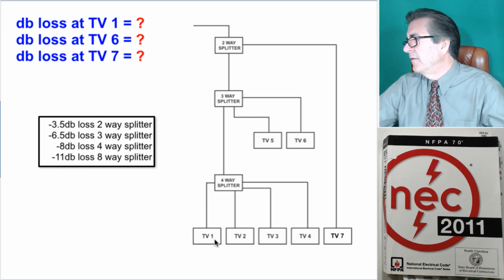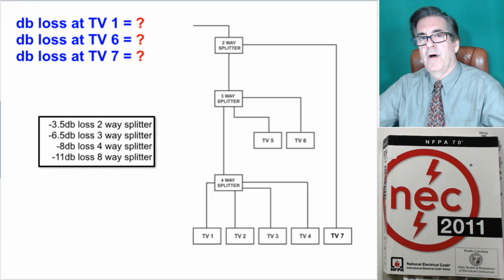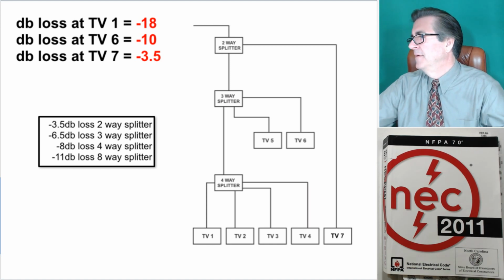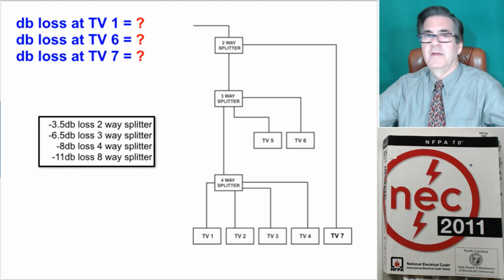We go through a 4-way, a 3-way, and a 2-way. So we add a 4-way, which is minus 8, then a 3-way, which is minus 6.5, and then a 2-way, which is minus 3.5. Add all those up, and you get minus 18. Well, I've pretty much given you the answers for all the other ones for some reason. I guess I wanted you to do these.